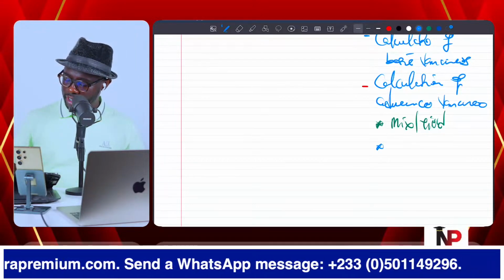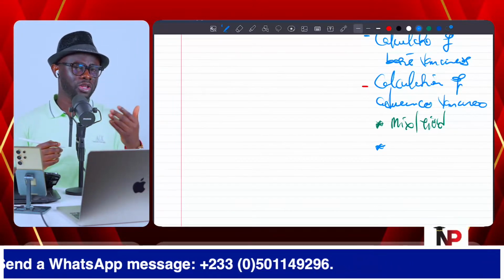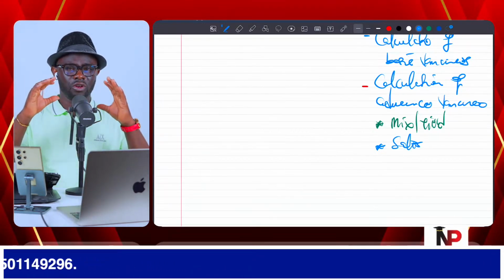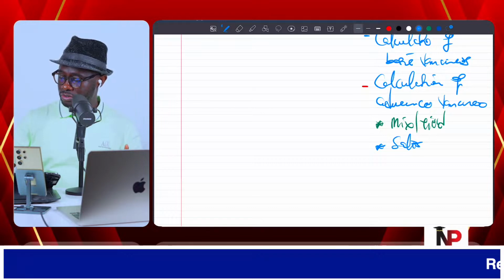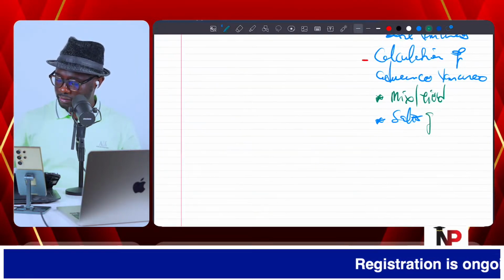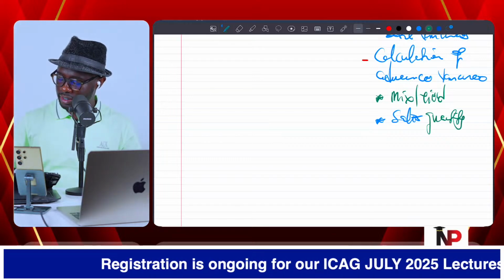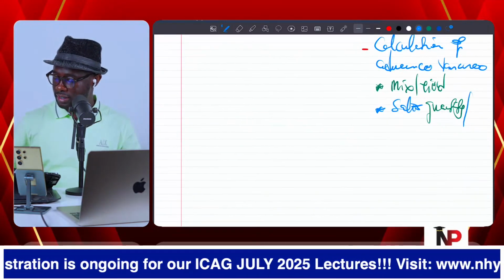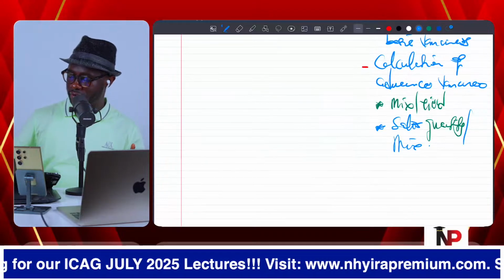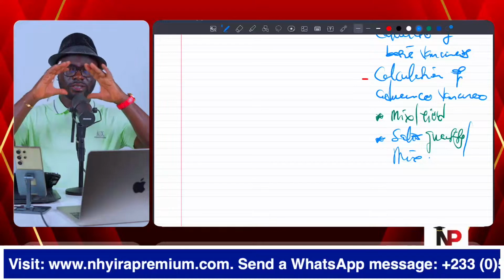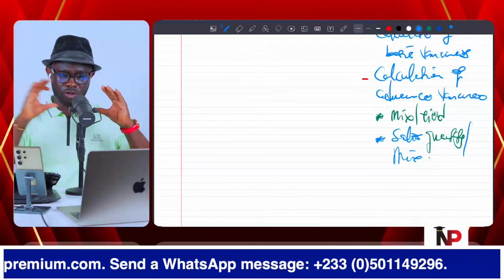Number two is when an entity is selling more than one product, they will be required to split the sales volume variance into the sales quantity variance and the sales mix variance. So you are just separating the sales volume variance into these two.